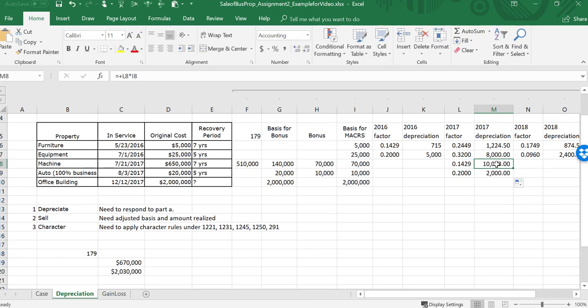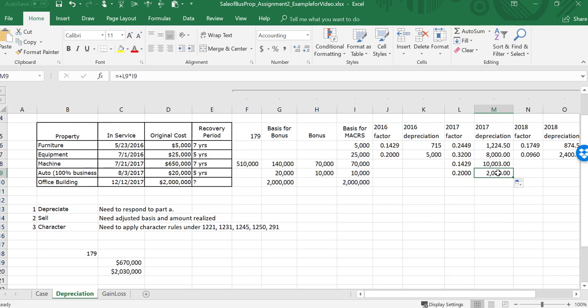So we've got $10,000 for the machine and $2,000 for the auto. But remember, autos are subject to a limitation. And in 2017, that limitation, if you elect to use bonus depreciation, is $11,160. We currently have $12,000. So $10,000 for bonus, another $2,000 for regular depreciation.